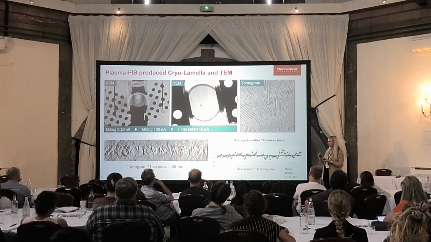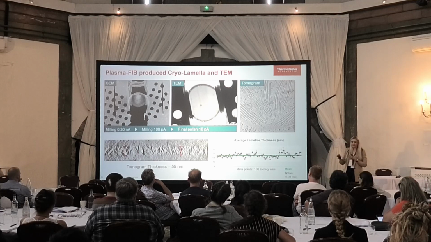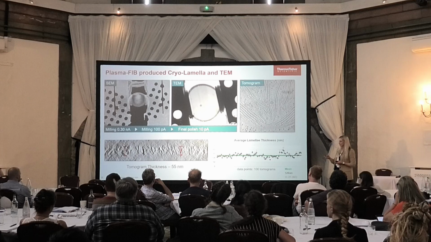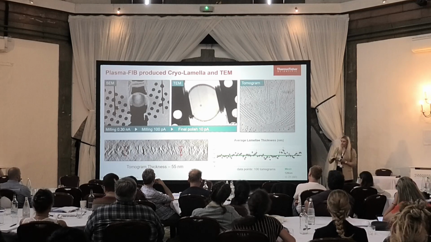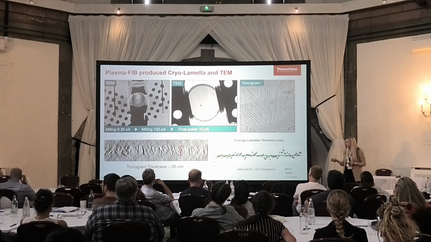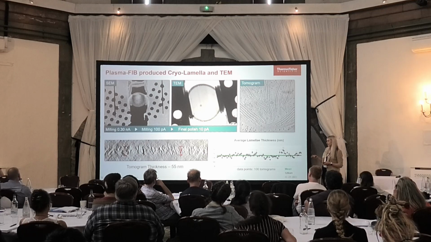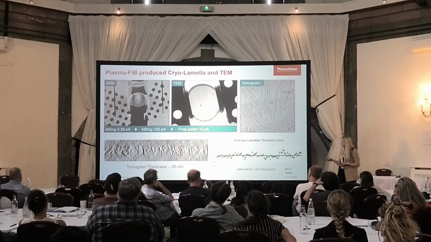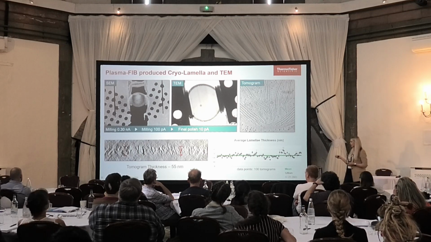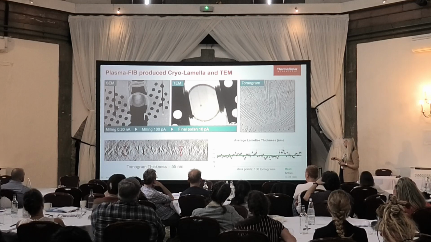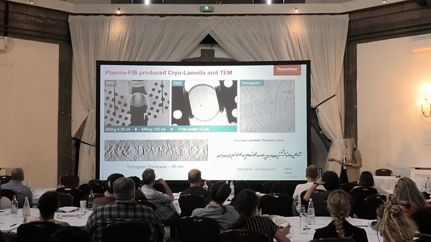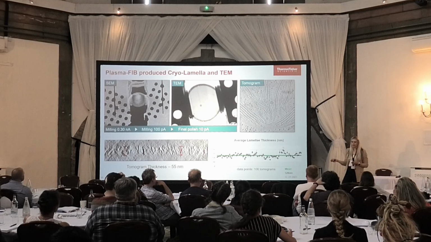You can already see the features in the lamella from this image, so you can place the areas. In certain situations, that's all you need to place the areas for tomography data acquisition. We also measured the thickness of this particular lamella, and that was 55 nanometers. And we also measured the thickness of 100 tomograms and got an average of 128 nanometers.